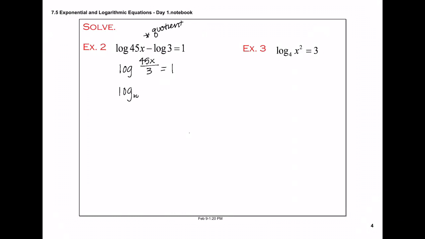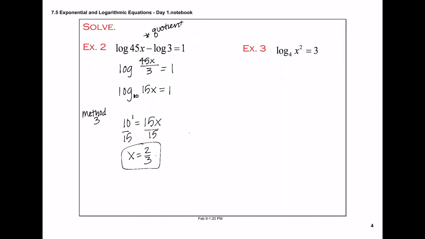And I notice that my common log is a 10 that is invisible. If I used method 3, I could rewrite this exponentially by saying 10 to the first power is equal to 15x, divide by my 15, and I get x is equal to 2/3. You could have solved this using method 1, method 2, or 3. I just chose 3 for that example.